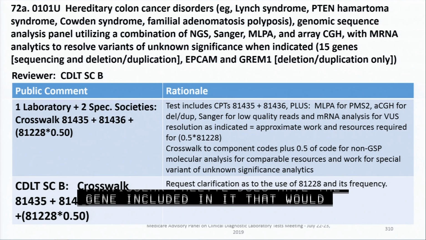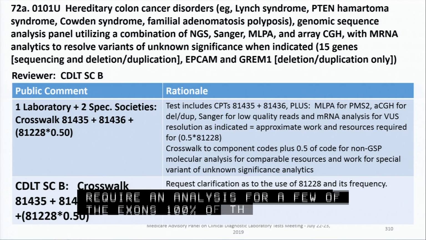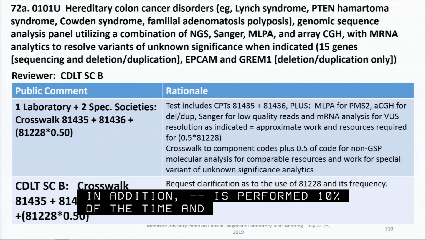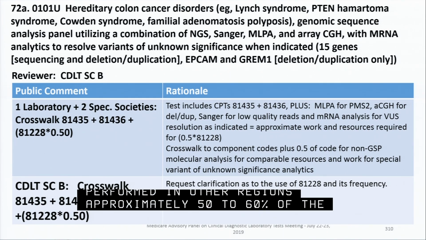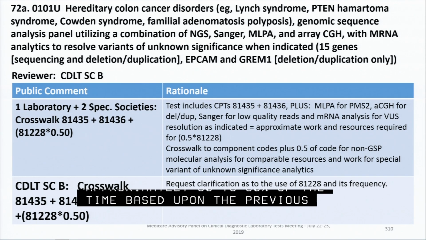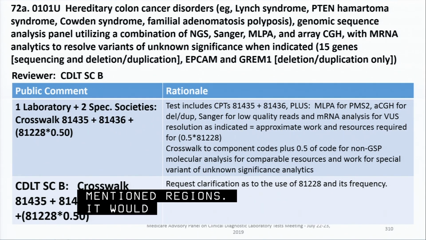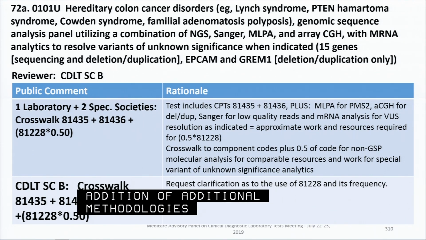In addition, array CGH is performed approximately 10% of the time, and MLPA is performed on other regions in genes approximately 50 to 60% of the time based upon the previously mentioned AT and GC rich regions or homopolymer regions. So the addition of additional methodologies is required, again, to produce the most high quality output in addition to the general deletion duplication analysis as represented by the 81436 code.